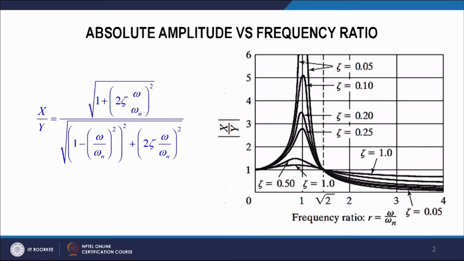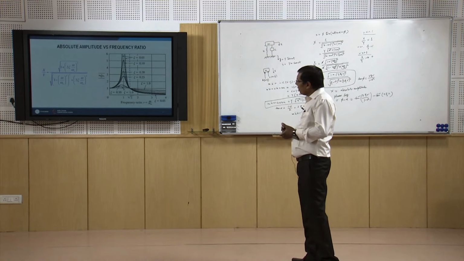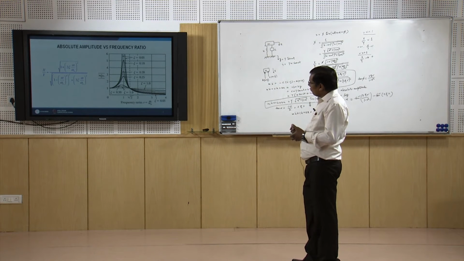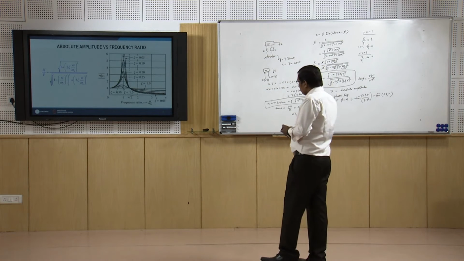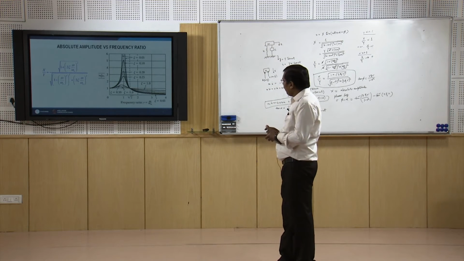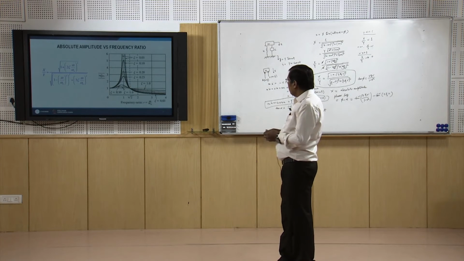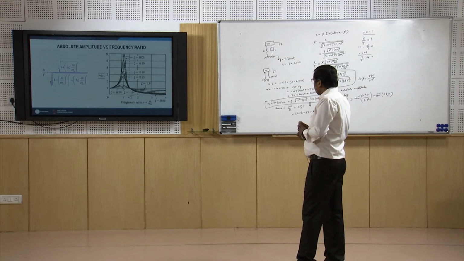Near the resonance, they get the larger magnitude, then they come down again, and all the curves pass through r equal to under root 2 with unity x by y equal to 1, and then when r is very large, all the curves are tending to 0 amplitude.